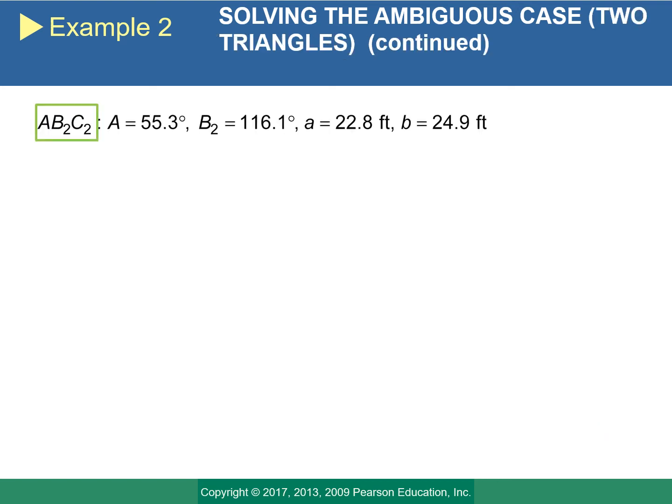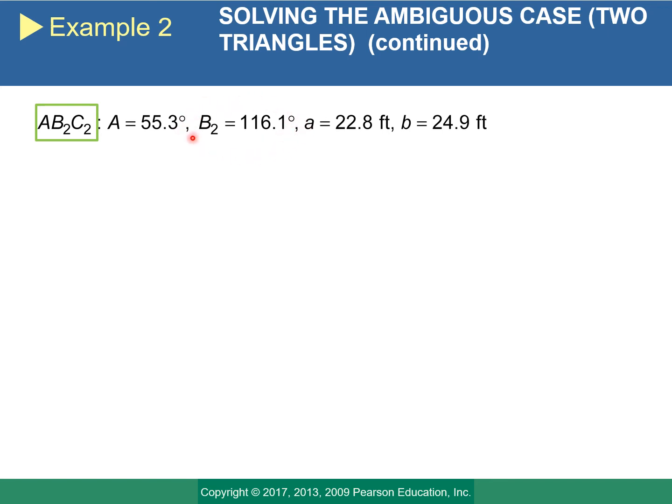Now we solve our second triangle, A, B2, C2. So we're using our second B value, B2, but still the given values, angle A and little b. And then we have to find the missing values, which are capital C2 and little c2. So we're doing basically the same thing we just did, but with a different B value.